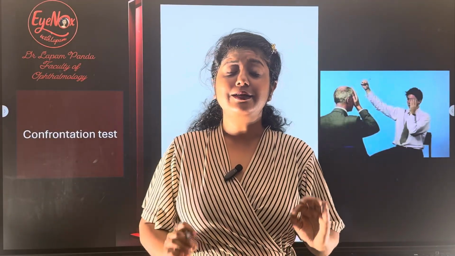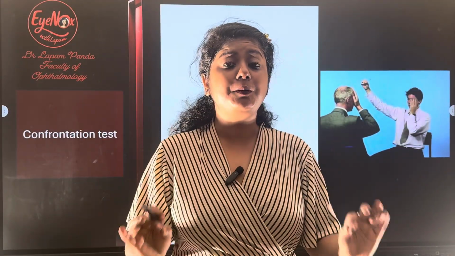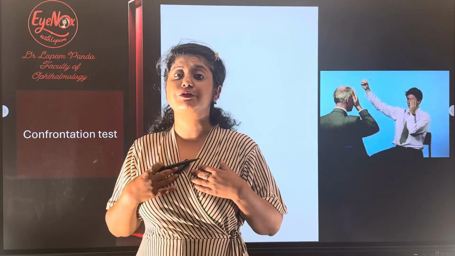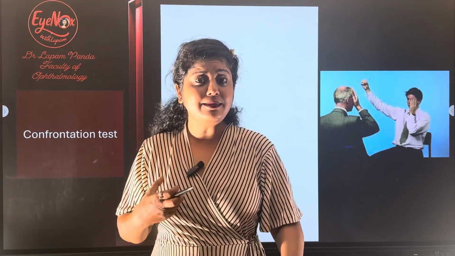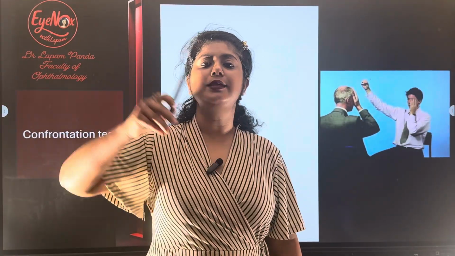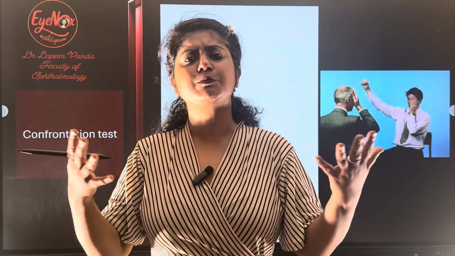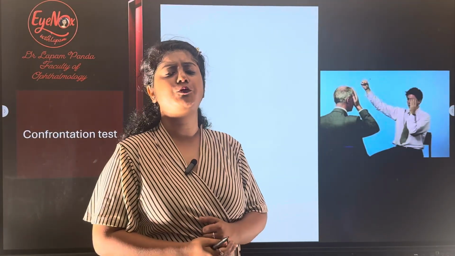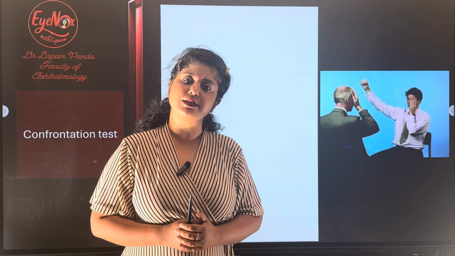But as I said, the greatest assumption here is that the examiner's visual field is normal. And second, we always have to bring the pen to the center, exactly between the patient and the examiner. So this is a very simple bedside technique that gives us some gross information which can be helpful for neurology and medicine.